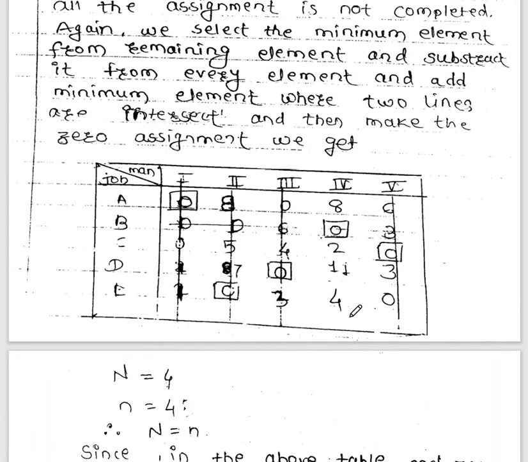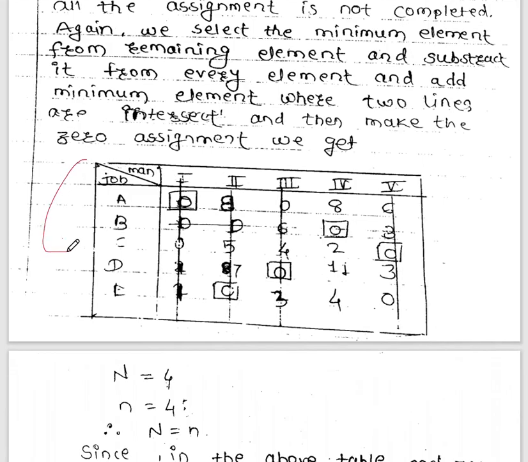Okay, so in this way we will get this table. So here we can make the zero assignment. Take the first row, here is a 0, so here we can make the zero assignment and cross the column. In the second row there are 2 zeros, so therefore we can skip this row.